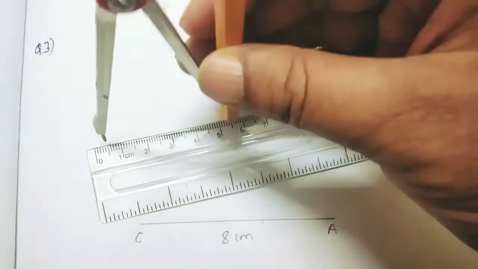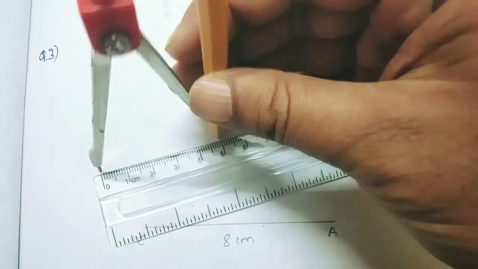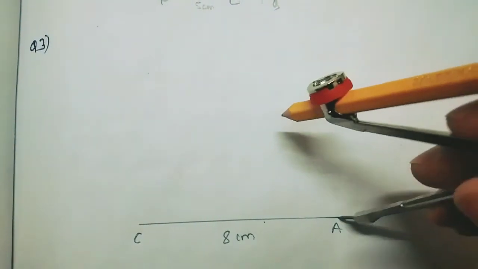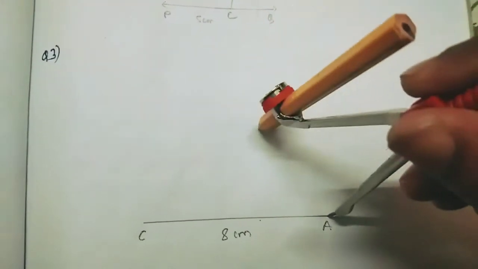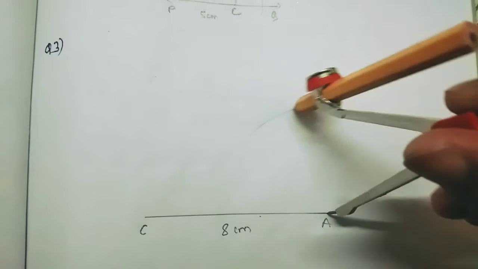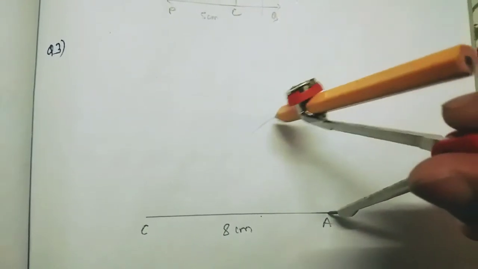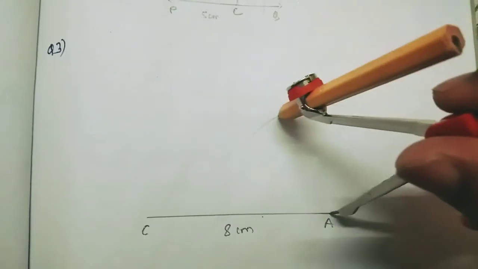So we'll take from here to here by the compass and make one arc here, that is AB. Cut this arc like this. The arc should be long so that you can cut from the other side also. So make this arc from A. So it will be AB here.